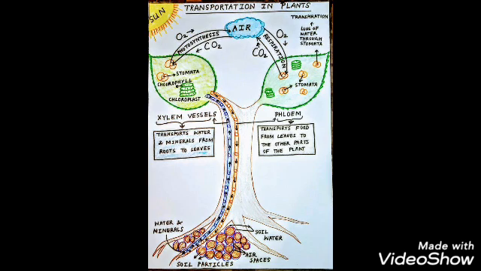You all know that leaves have stomata for exchange of gases. Leaves have chloroplasts for photosynthesis. So this is how inside a plant the transportation of water and minerals, food, oxygen and carbon dioxide takes place.